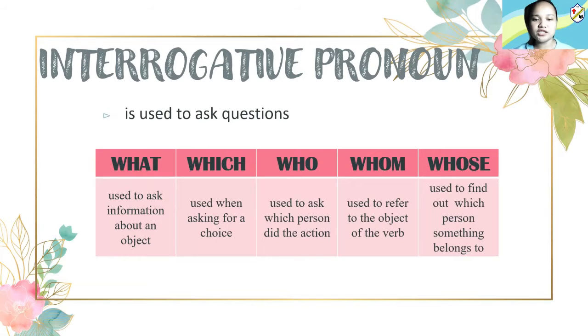Which is used when asking someone for a choice. Who is used to ask which person did the action. Whom is used to refer to the object of the verb. And whose is used to find out which person something belongs to.